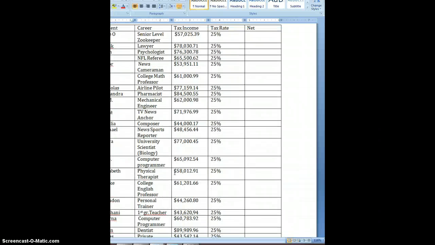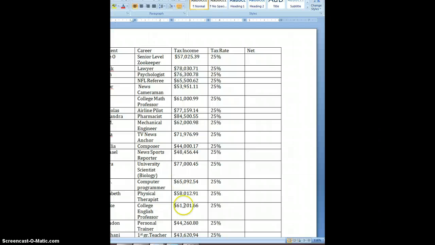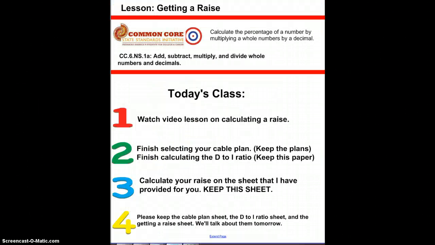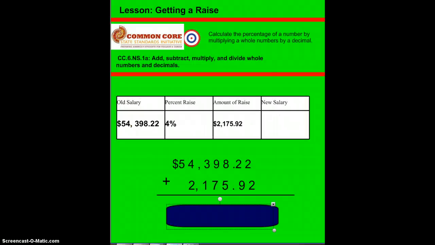So you'll need this sheet, and I've got that sheet for you. Again, what you'll do is calculate your raise on that sheet. It has a table for your old salary, a percentage of your raise, the amount of your raise, and the new salary. You will be calculating your new salary today.